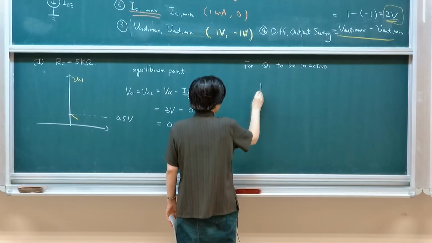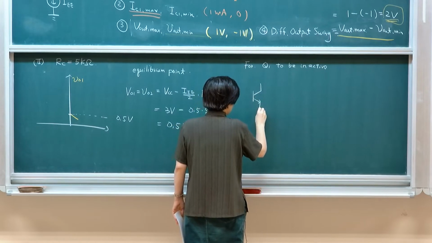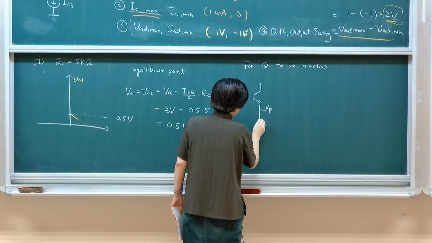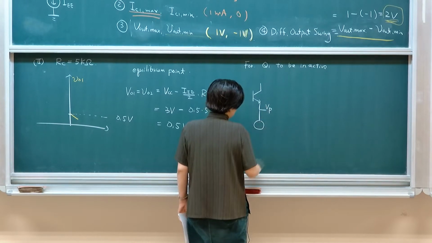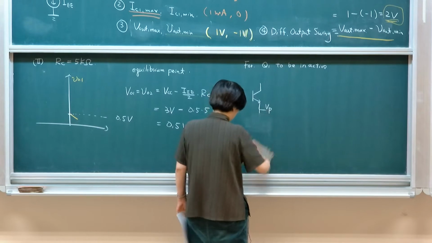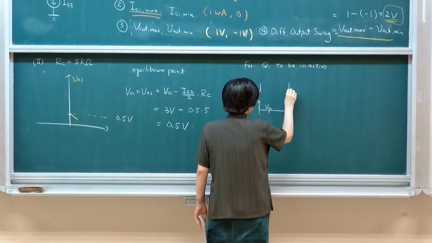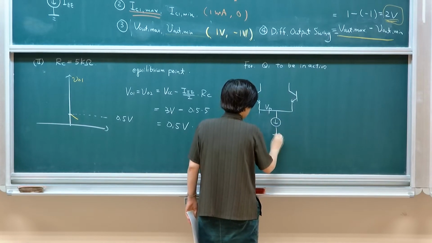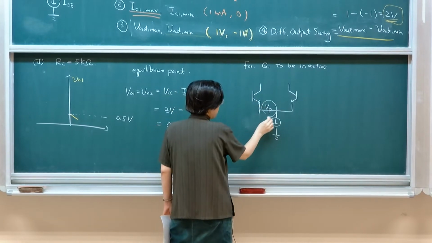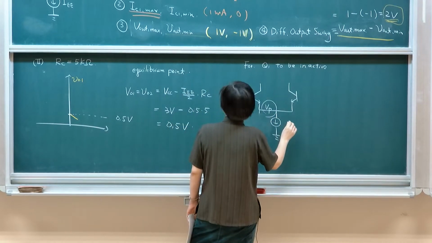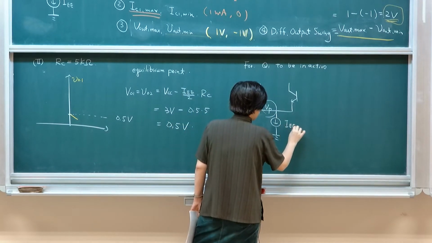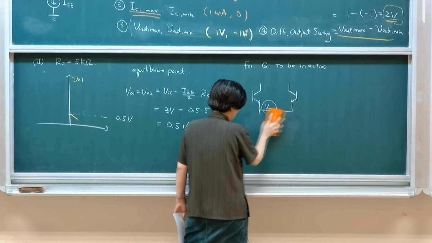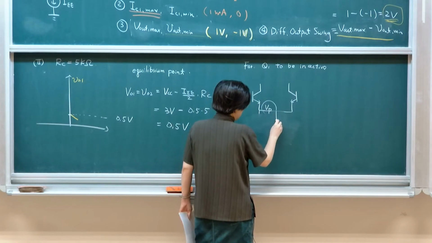If I'm looking only at the left half, this will be the voltage VP. There's a voltage where we'll allow this current source to be functional. If I have a current source, let's change it into a real circuit.